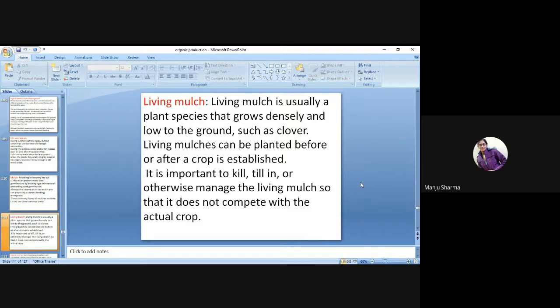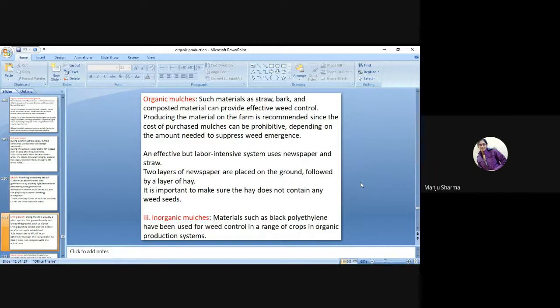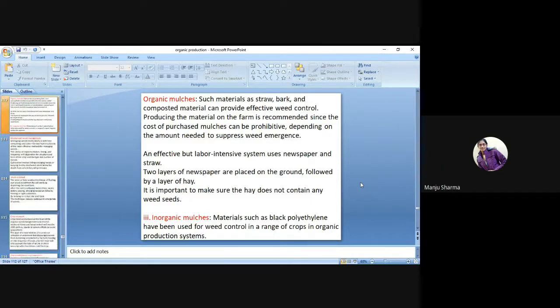It is important to till in, or otherwise manage the living mulch so that it does not compete with the actual crop. Another type is organic mulches, such as straw, bark, and composted material, which can provide effective weed control.